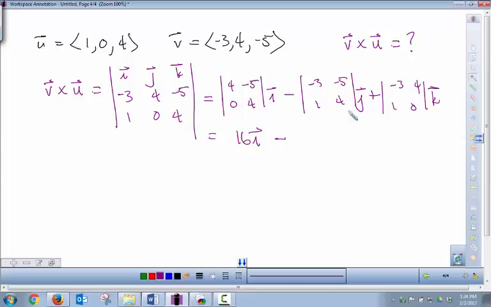We have a negative here. This is negative 12 minus 5. So negative 12 minus 5 is negative 17 with a negative in front, so positive 17J, and then negative 4K.